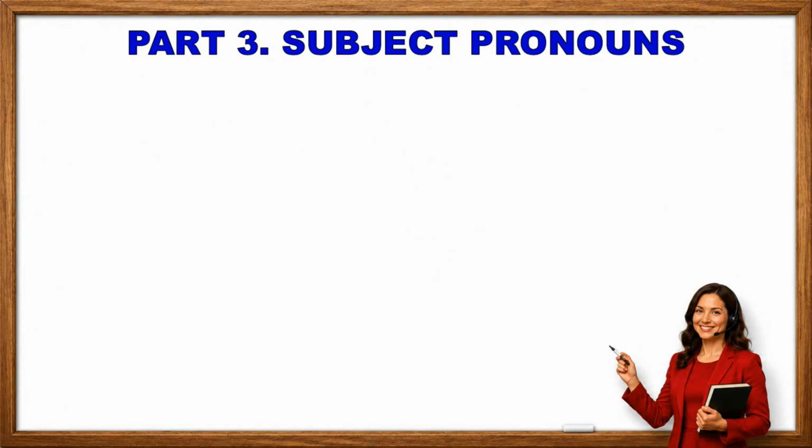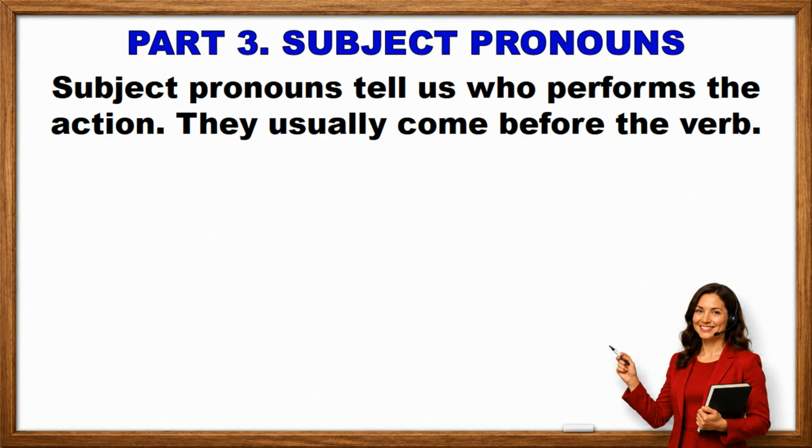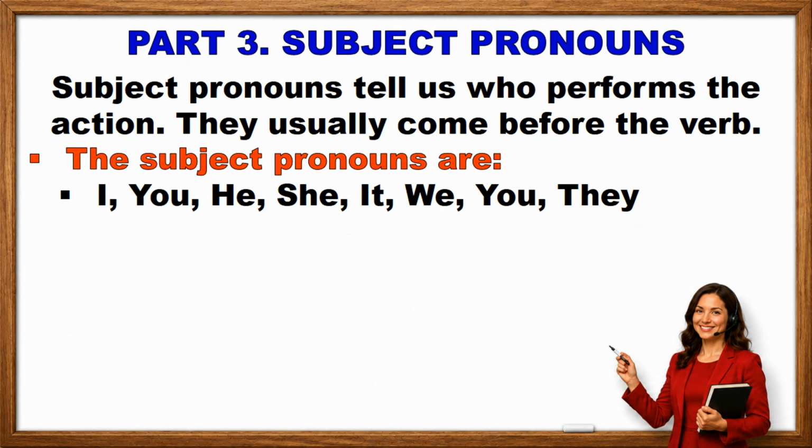Part 3. Subject pronouns. Subject pronouns tell us who performs the action. They usually come before the verb. The subject pronouns are I, you, he, she, it, we, you, they.